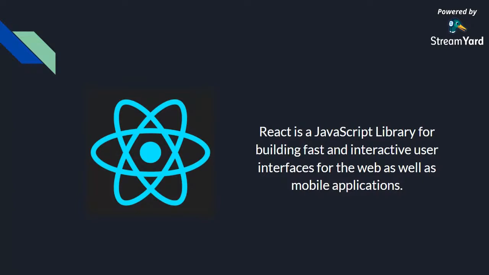So there are many packages in React. So let me give you an example. If you want to perform routing in a React project, you will need React Router or something like that for a package.